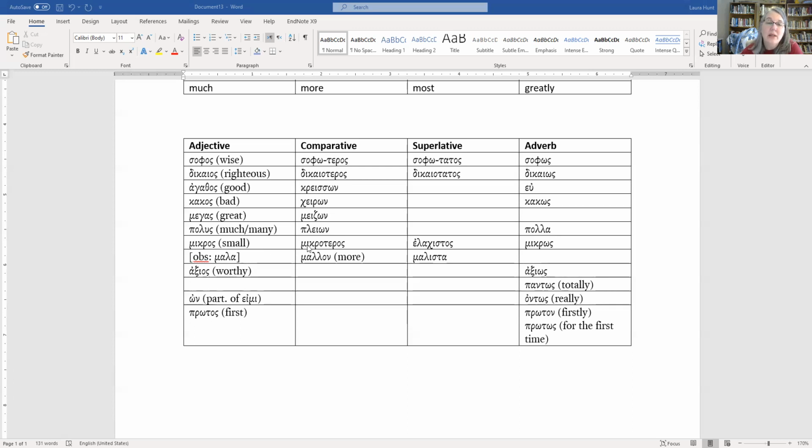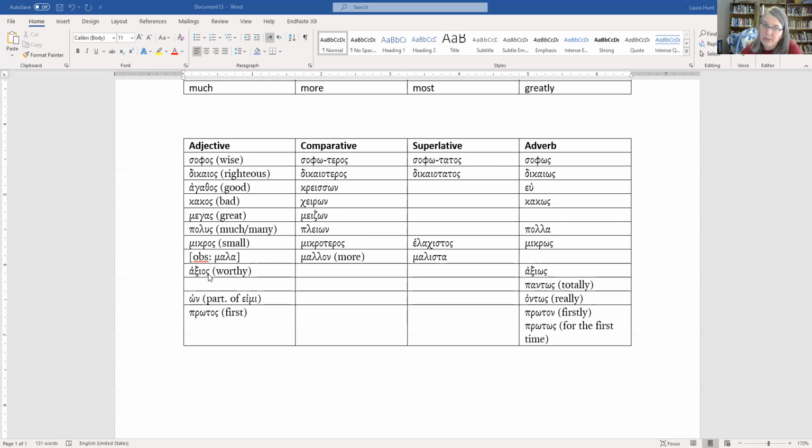Mikros is small. Mikroteros is smaller. And so far it follows the patterns, but then for smallest, it's elachistos, and for the adverb is mikros. There used to be a word mala, but that's obsolete now in our New Testament time, but we still have malon for more and malista for most.